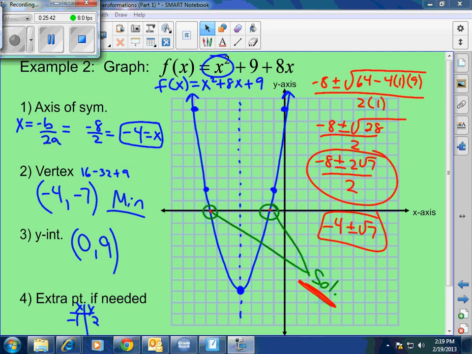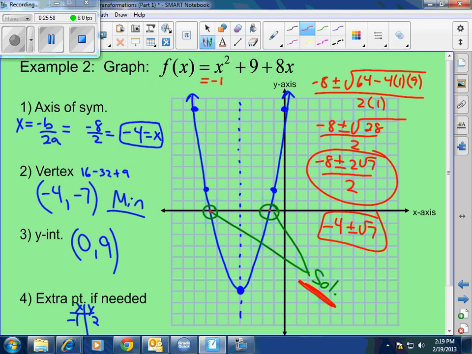Okay, so questions? Yes, sir. You don't understand how I did number 4? I plugged in x as negative 1. So I plug into this equation negative 1 where all the x's are.